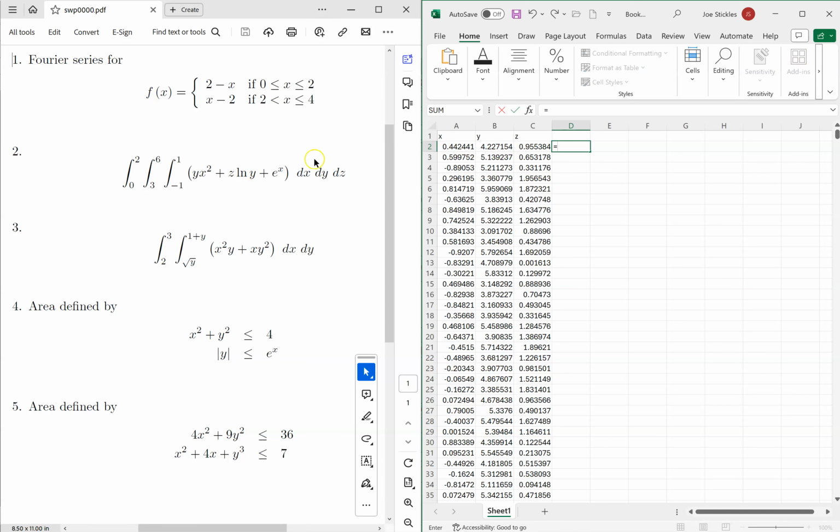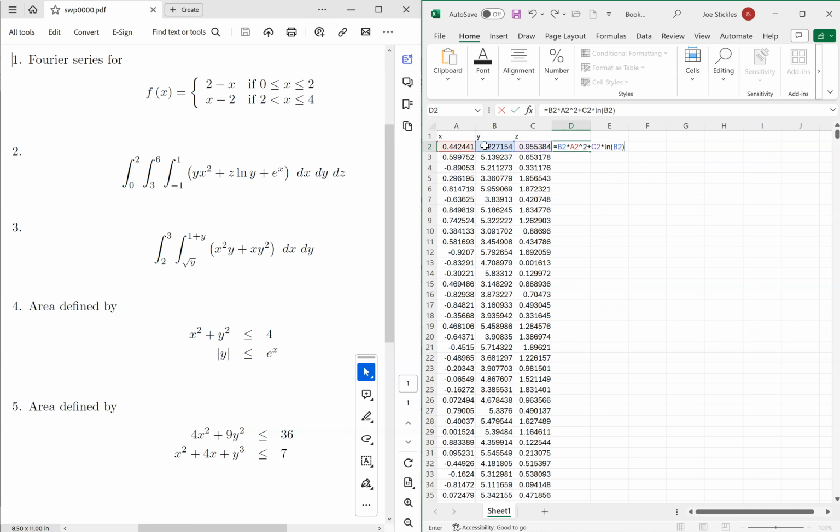So first, let's just calculate the function values for each of these. So this is y times x squared. Y is in B1, y is in B2, x is in A2. So we'll have B2 times A2 squared. The next one, we've got z times natural log of y.